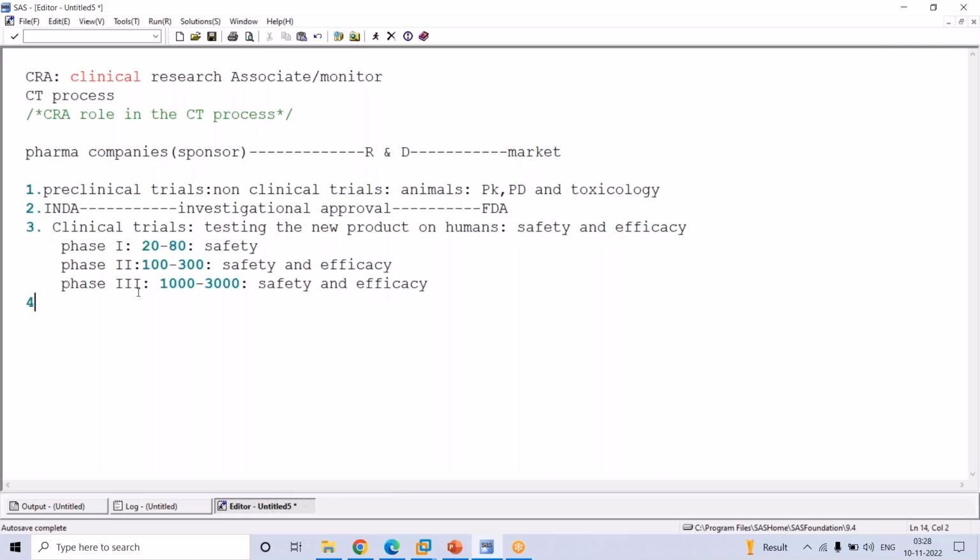After completion of phase 3, the next step is to release the drug into the market. So it's time for marketing. But before we get into the market, we should again get approval from the FDA.